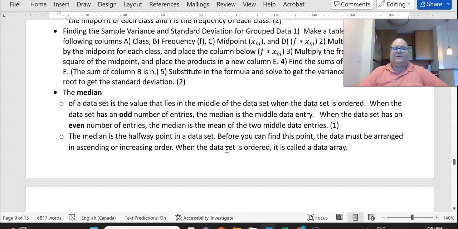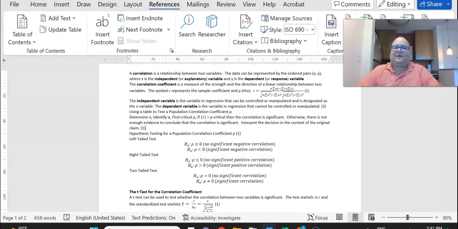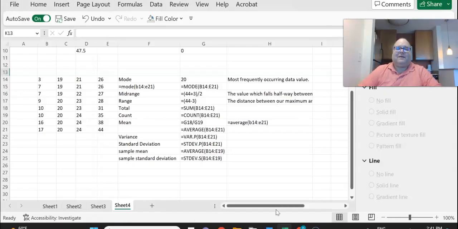Another way we can look at our data is to break it into equal-sized chunks, or chunks that contain an equal number of elements. And the key measure of center in that regard is our median.